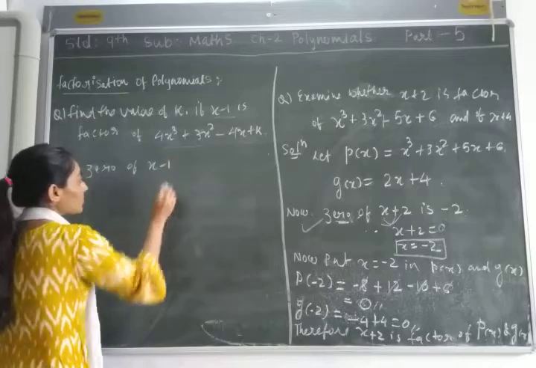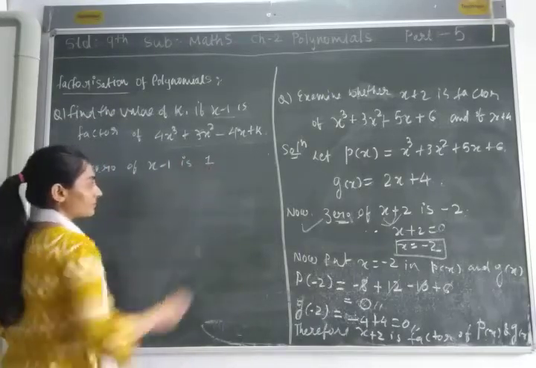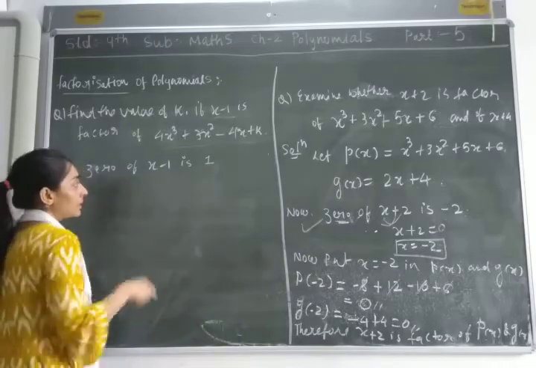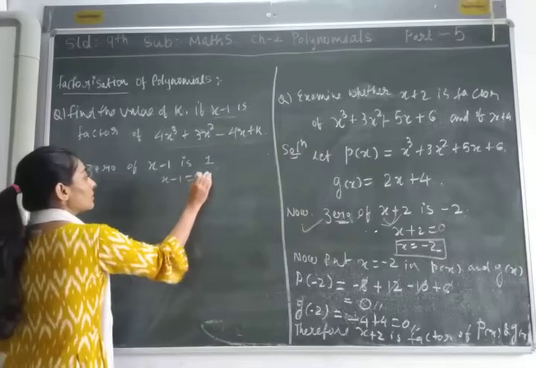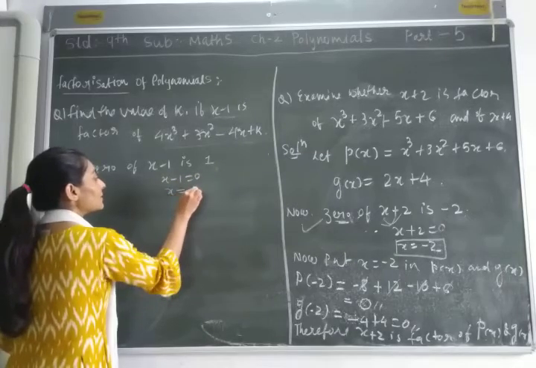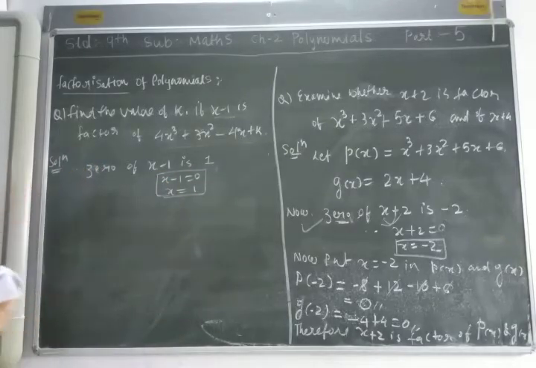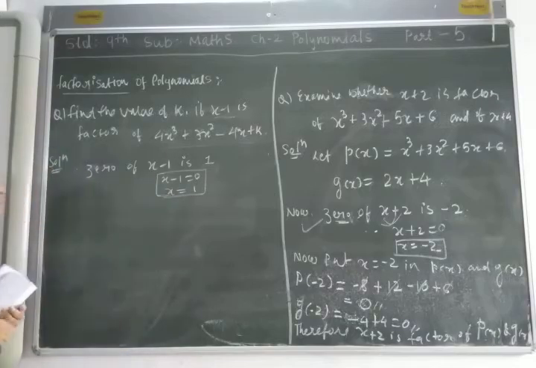How are we getting the plus 1? Be careful with the sign. Here x minus 1 equals 0, so x equals 1, I am getting. So the value of x is plus 1.